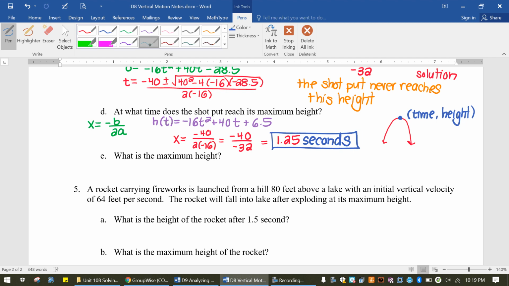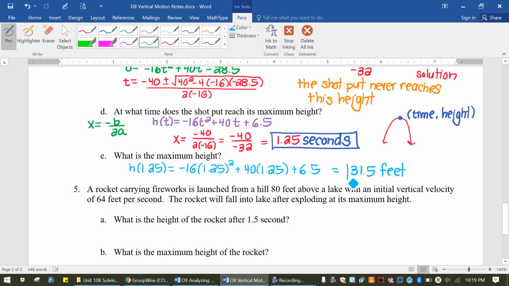For us to figure out what that height is, we're going to take that time and substitute it in. So we're going to do 1.25 as our time, and we're going to square this. When you're putting this into your calculator, you can type it all at one time, including parentheses, and you'll get 31.5 feet.